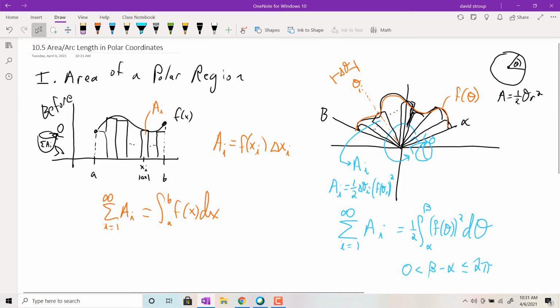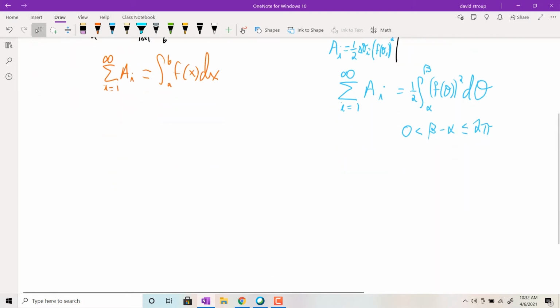So if you were to integrate from some alpha to some other alpha where you over trace, you're not going to get area anymore. You'll get something else. You'll basically be doubling and tripling the area after a while if you go around the circle enough. So you need to be careful about that.